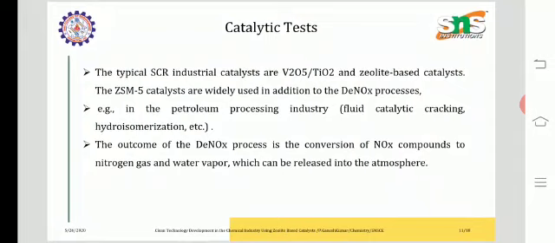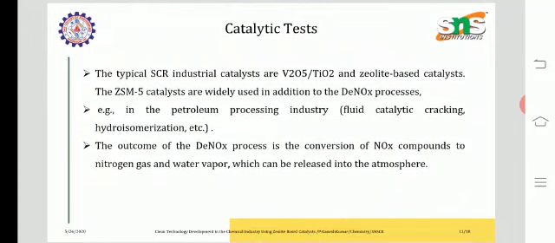The ZSM5, the zeolite size of 5 catalysts, are widely used in the denitrification of NOx process. In petroleum processing industries, fluid catalytic cracking and hydroisomerization, etc., we use many catalysts. So those catalysts are not efficient in removing these things.